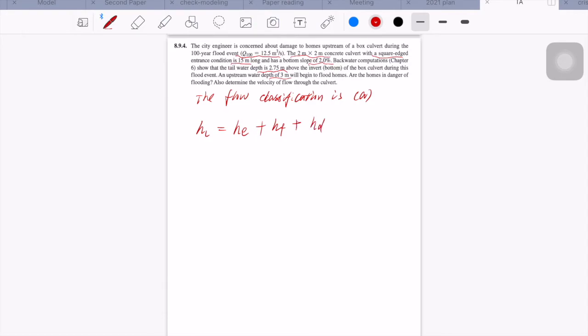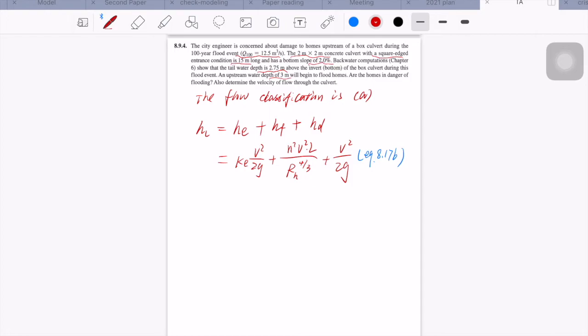And this equation also equals Ke times V squared over 2G plus n squared times V squared times L over RH, the hydraulic radius, to the power of 4 over 3, plus V squared over 2G. This is equation 8.17b in the textbook.